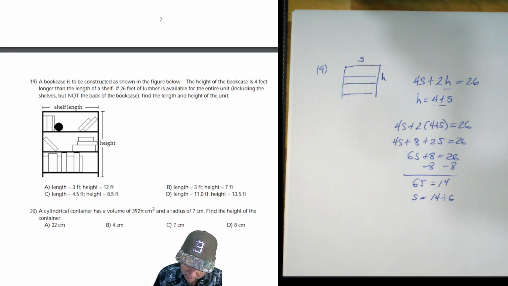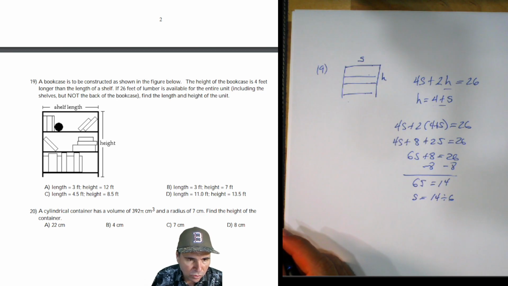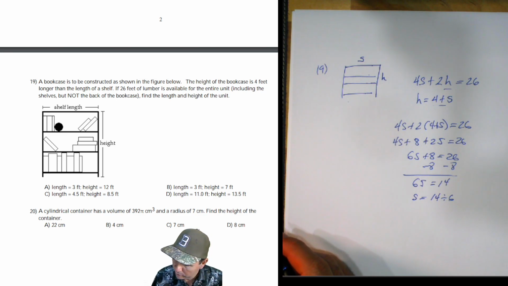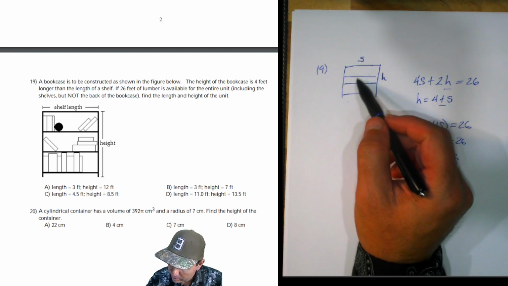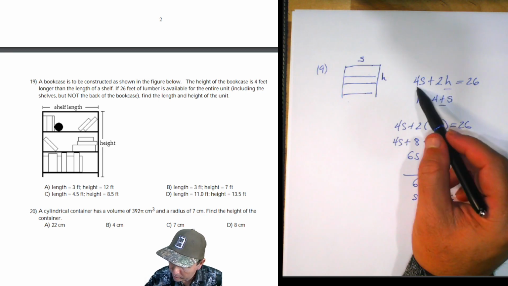14 divided by 6 is 2.33. The height of the bookcase is 4 feet longer than the length of the shelf. We got S plus S plus S plus S, that's 4S.